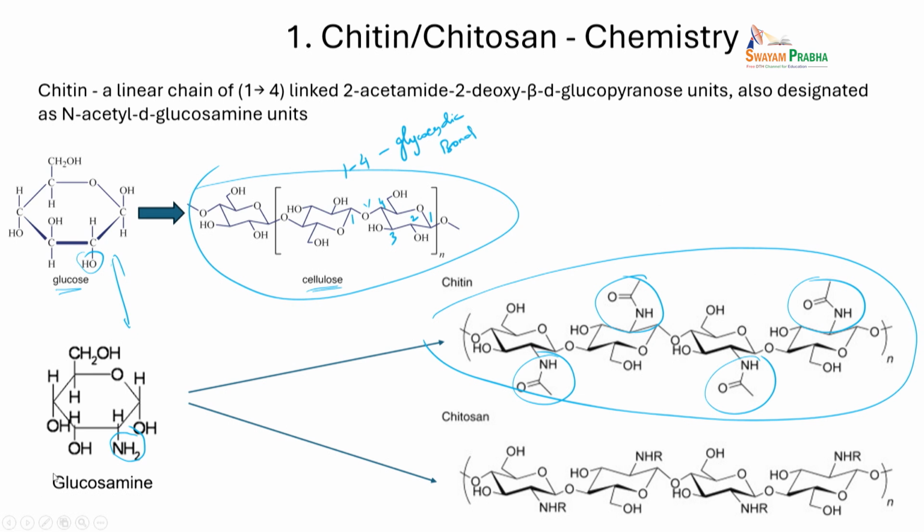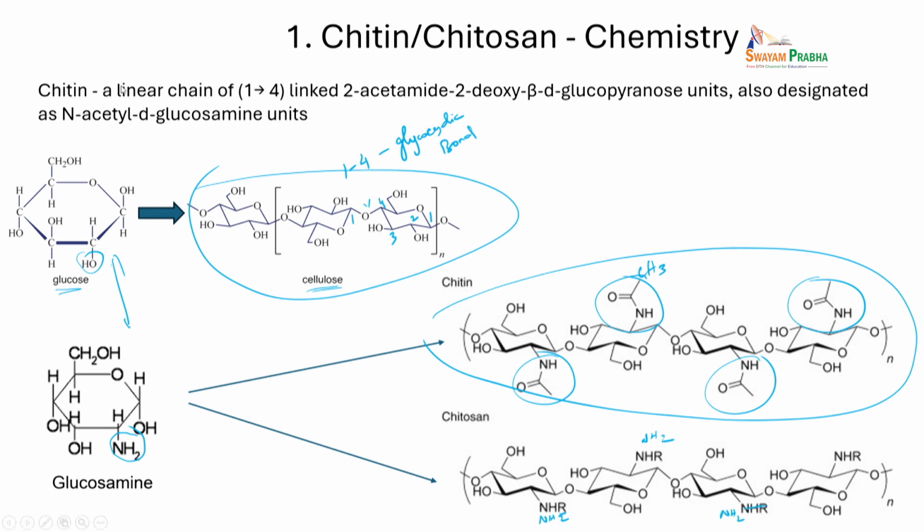Here sometimes this amine can also be acetylated. So what you have here is CH3CONH, which is called an acetylated amine. So you have two cases. If you have only the amine group, here R is actually H, so it's basically NH2, this is also NH2, and so on.